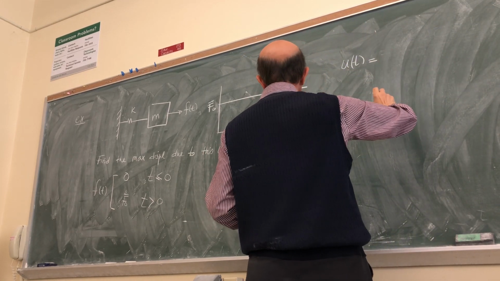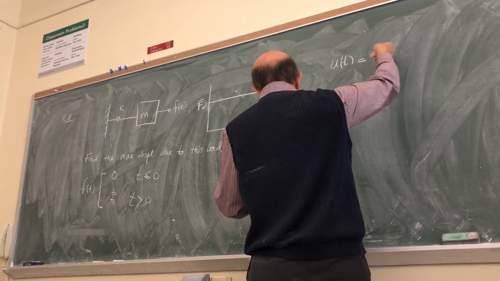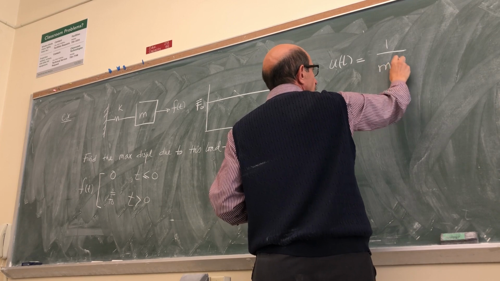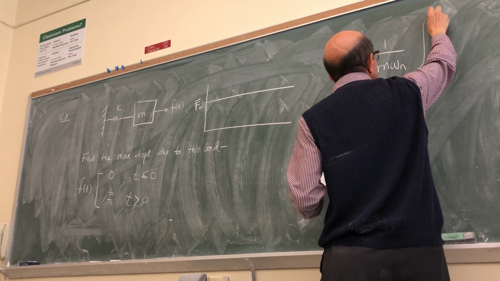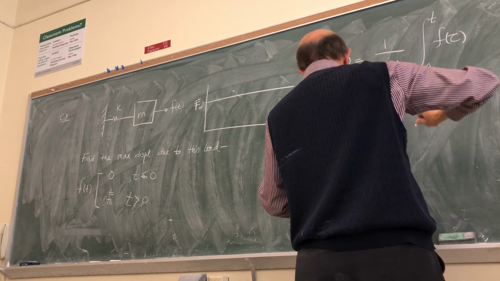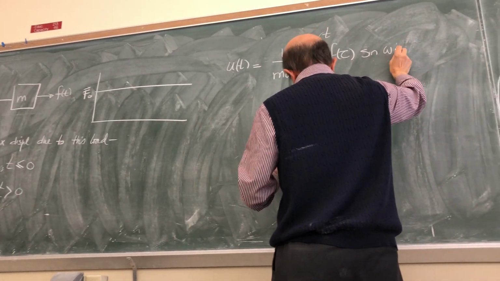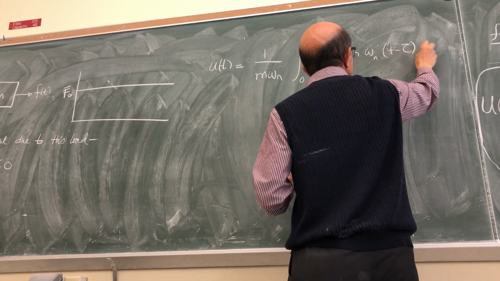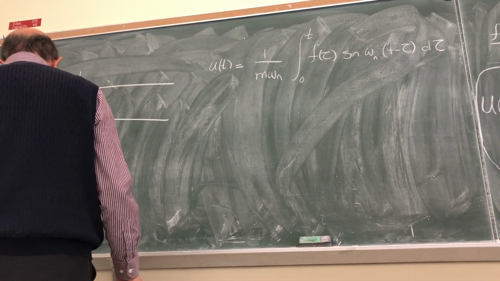You will have F tau, which I'll just write in general form first. For the undamped case, this becomes 1 over m omega n, integral from 0 to t of F tau sine omega n (t minus tau) d tau. Which is much simpler, okay?